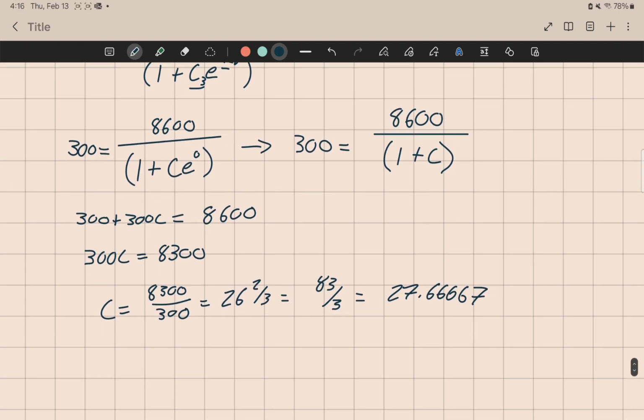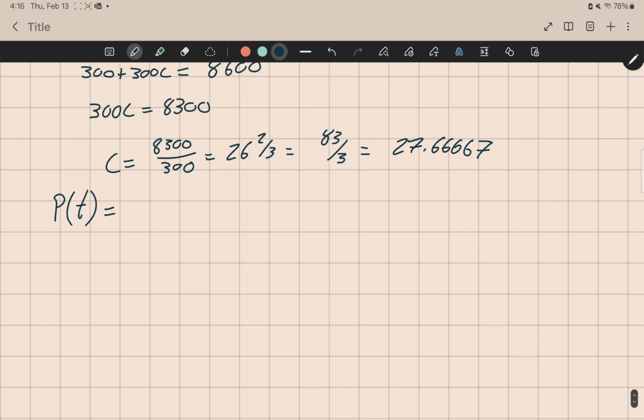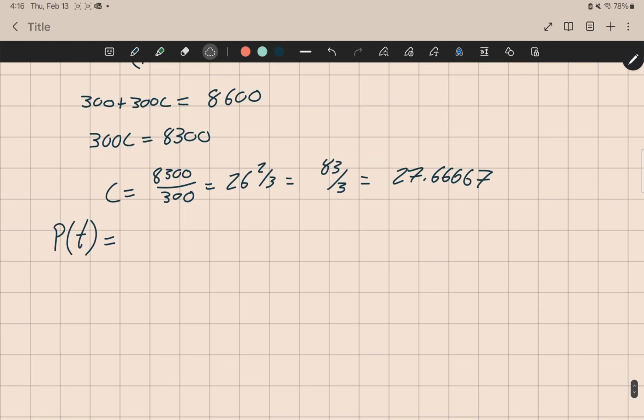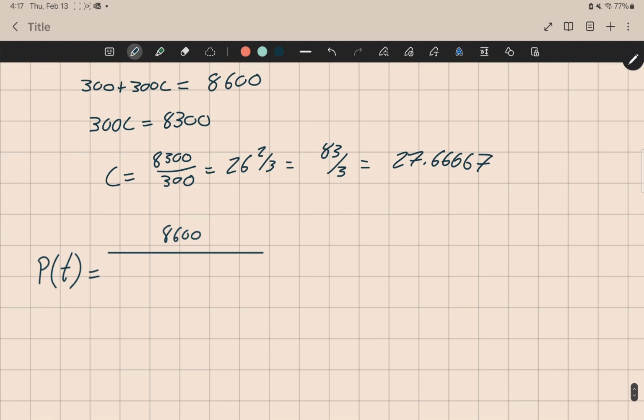And I'm going to go ahead and plug that back into our P of T. We're getting closer to our particular solution. So our P of T now is still got the 8,600 on top, and we have 1 plus 27.66667 e to the negative kt.